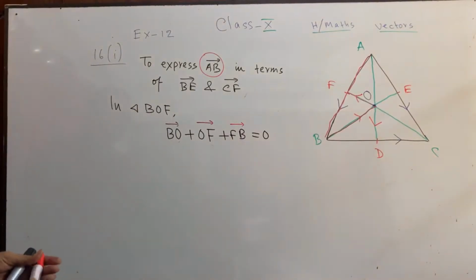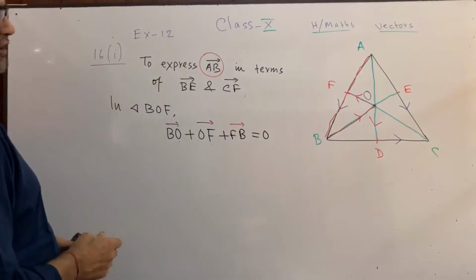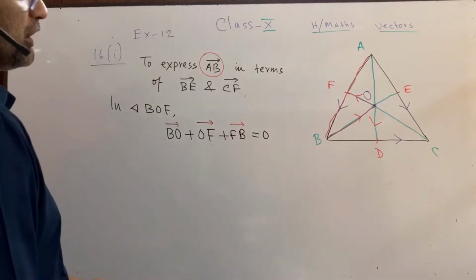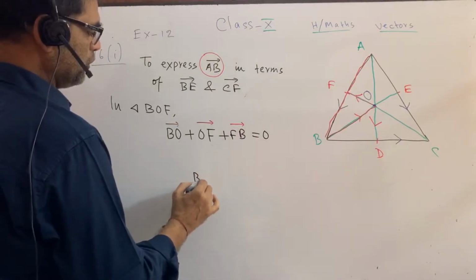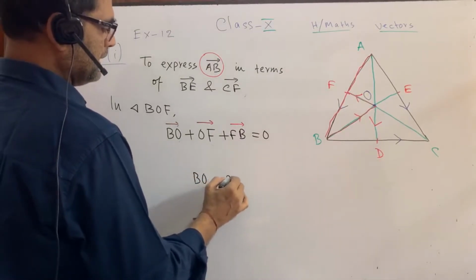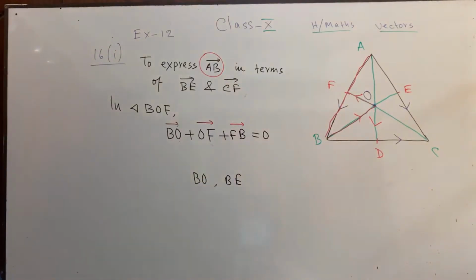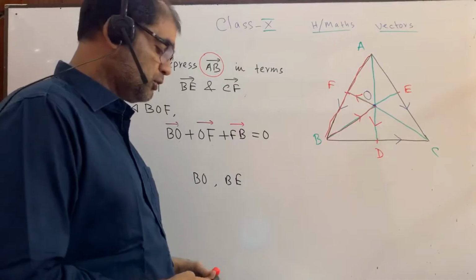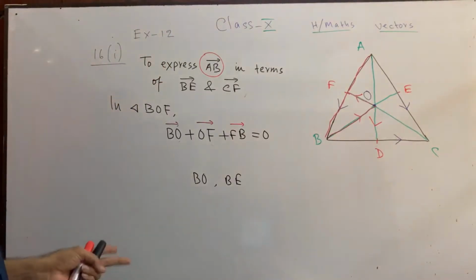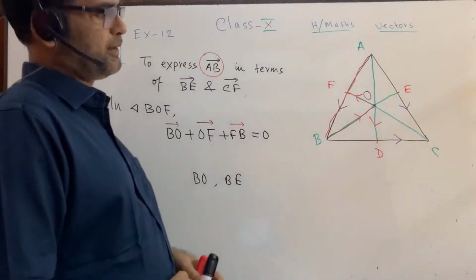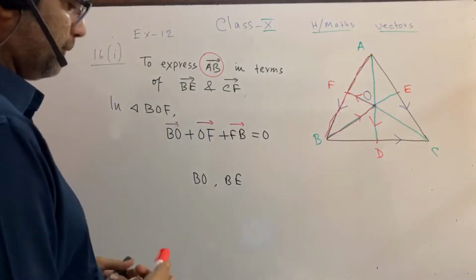Now, do we know what is BO? You see the relation between BO and BE. We know that medians are concurrent and they divide in the ratio of 2:1, right? That is, all the medians pass through the same point and they divide in the ratio of 2:1.